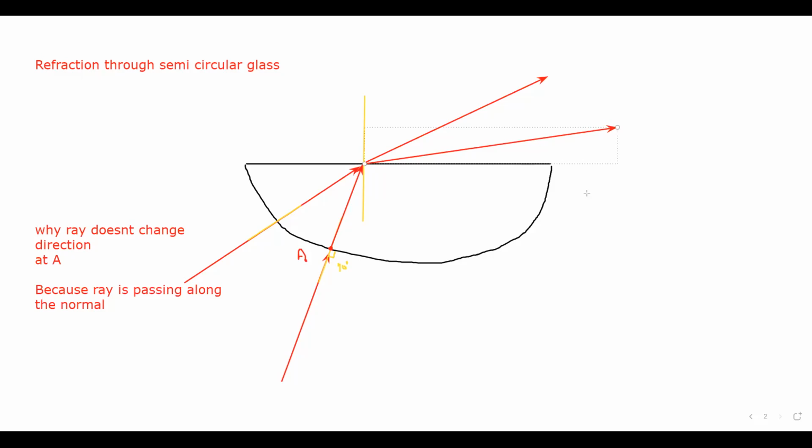The refraction of the ray when it is passing, this is 1 and this one is 2, through a semicircular glass.